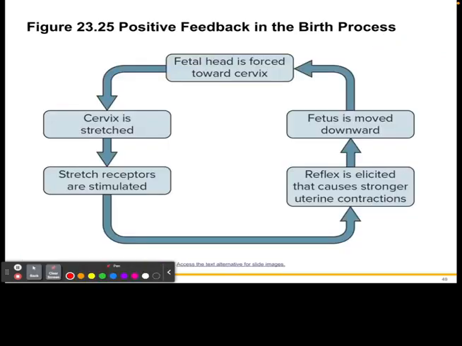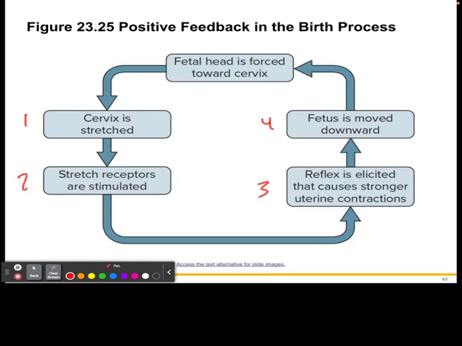Here is the positive feedback loop that we discussed. So as the cervix gets stretched, it is going to stimulate the stretch receptors, which are then going to elicit a reflex that causes strong uterine contractions, which is going to push the fetus downwards.